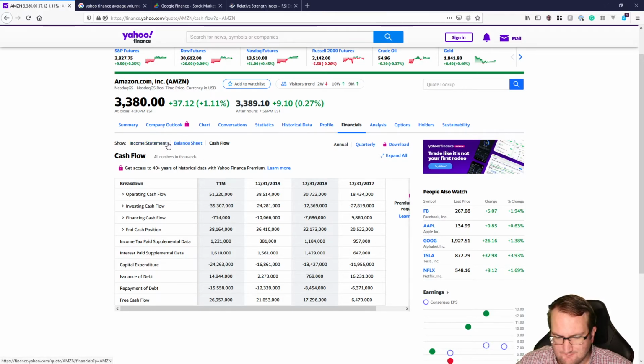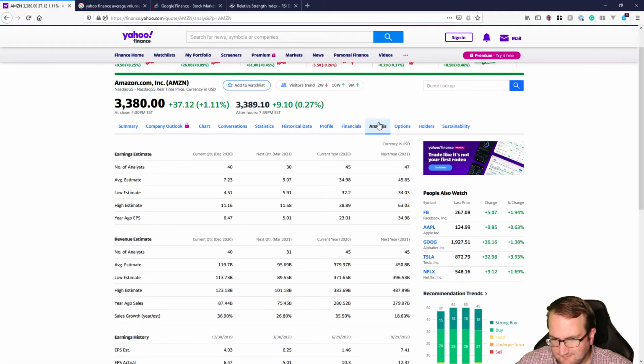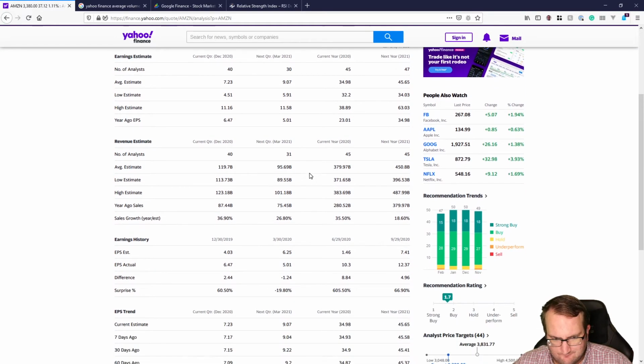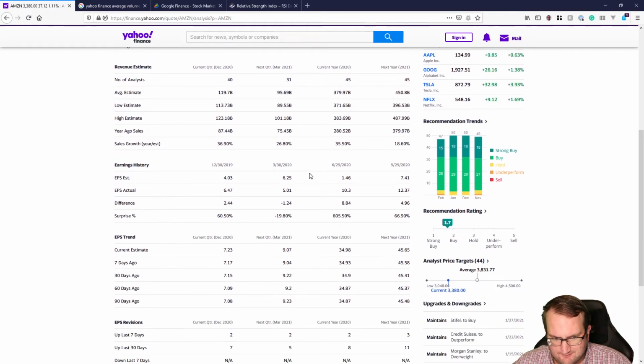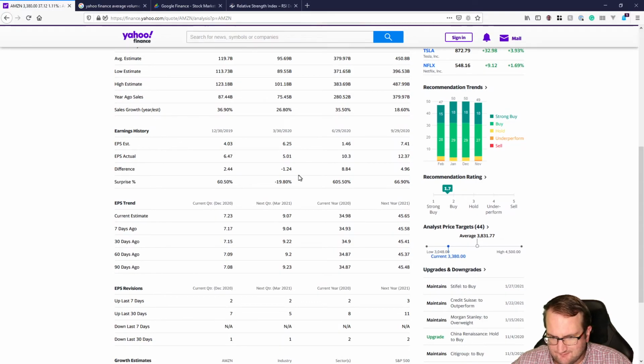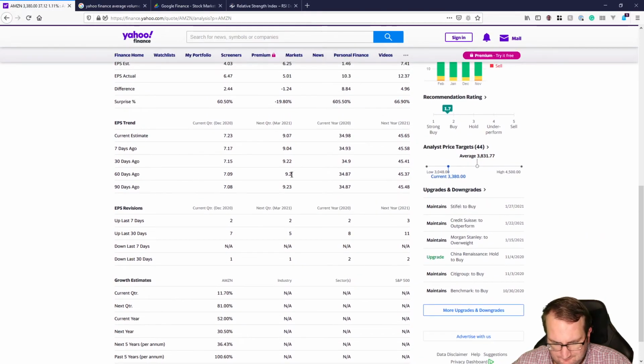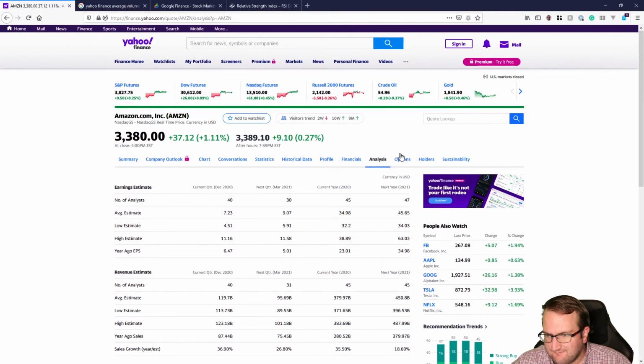And again, they have capability here to do annual, quarterly. And then here's some analysis of what is going on, earnings history, EPS trend.